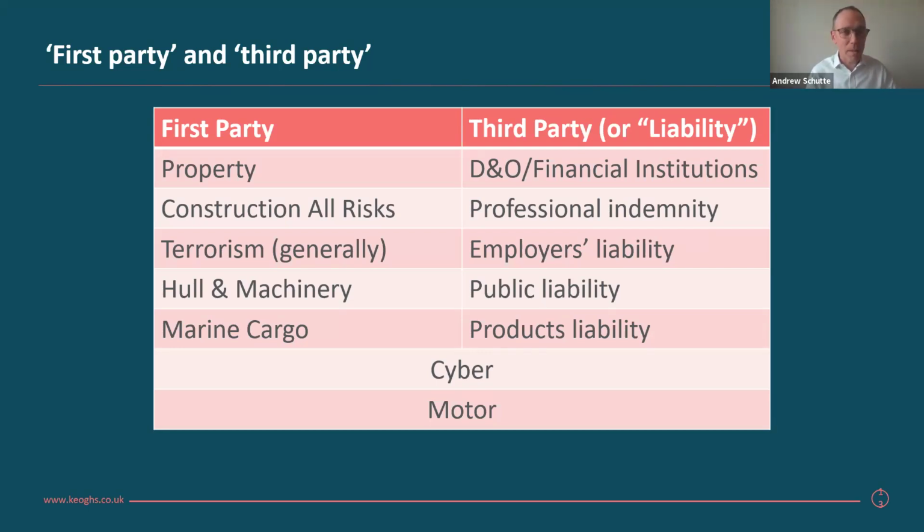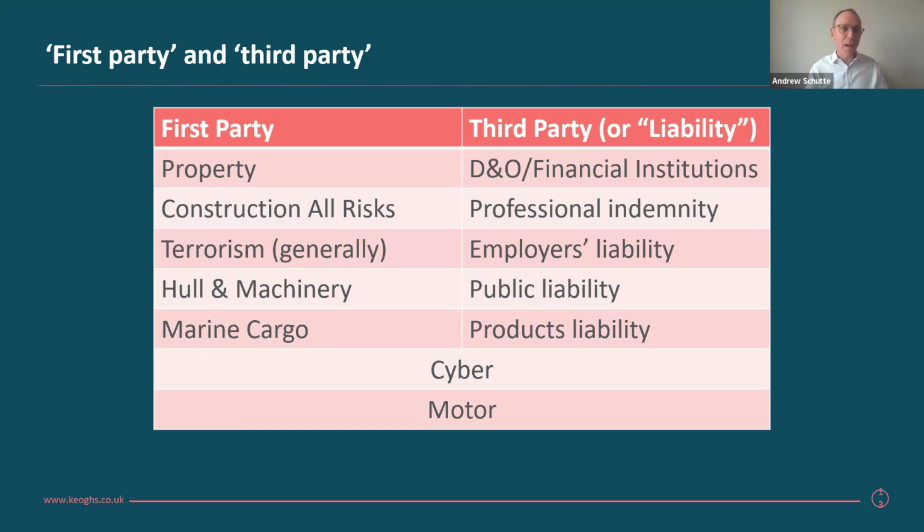Terrorism is normally a subset of property, although you can get terrorism liability, like T3L wording, for instance, but normally that's first party. Hull and machinery, these are all things you can touch. They're all things that the policyholder owns. Marine cargo is the same. Something you can't touch but still falls into the first-party bracket is business interruption, or if it was construction all risks, it would be delay in start-up.